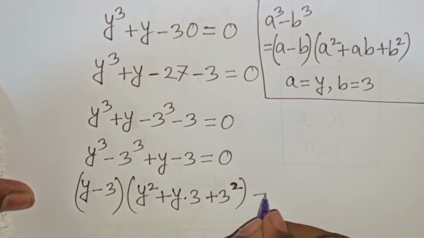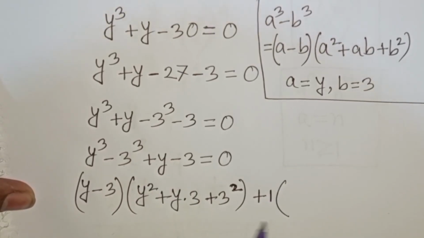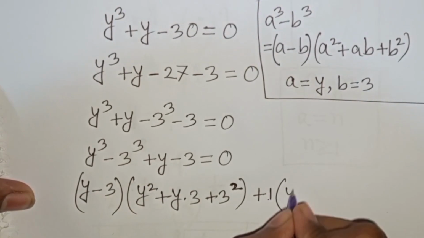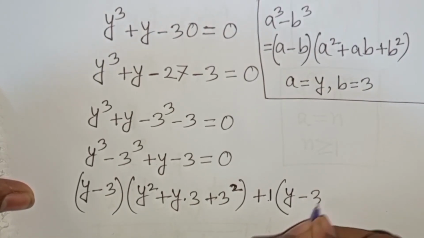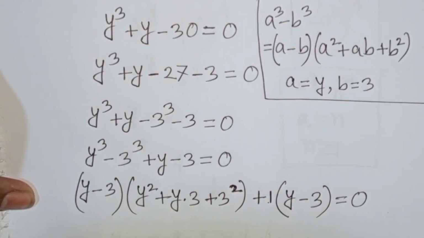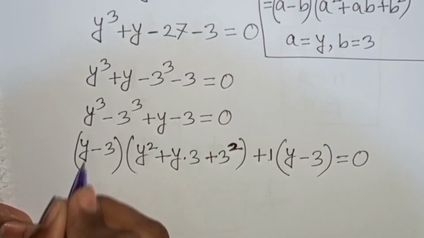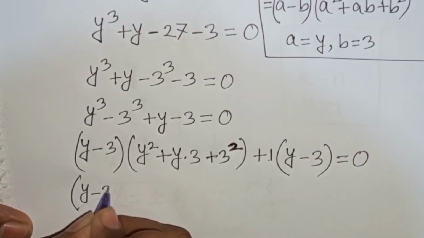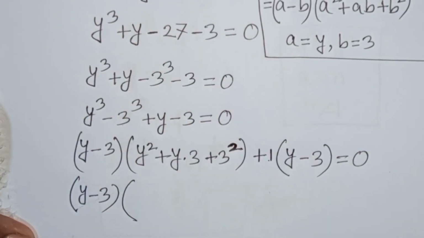Then plus, here we take common, here plus 1 is common, so plus 1 is out of the bracket, so this divided by this, that means it will be y, minus 3 divided by plus 1, that means it will be minus 3, then bracket close is equal to 0. Now we see y minus 3 is common, so take common y minus 3, so bracket y minus 3 is out of this bracket, so this divided by this, that means y minus 3 will be cancelled.